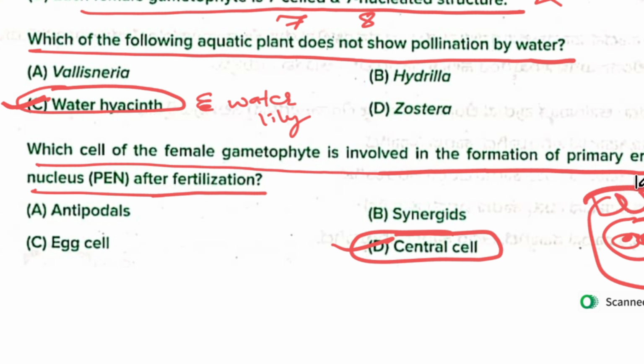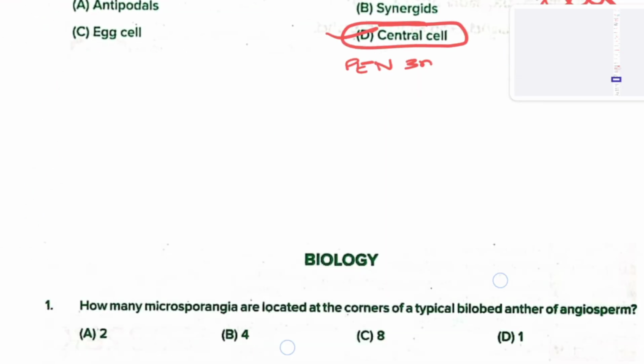Here you will come across three antipodal cells, two synergid cells, one egg cell. The two polar nuclei which are present in the central cell will take part in PEN formation. Primary endosperm nucleus, that is 3n in number. So D is the right answer.